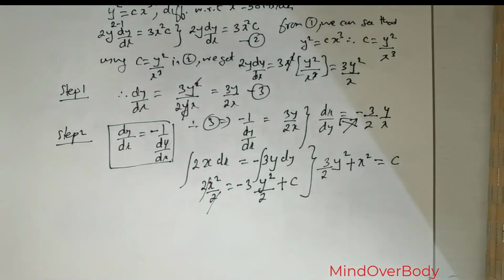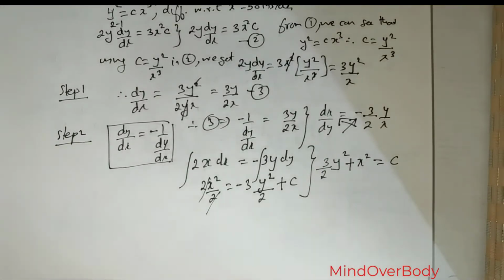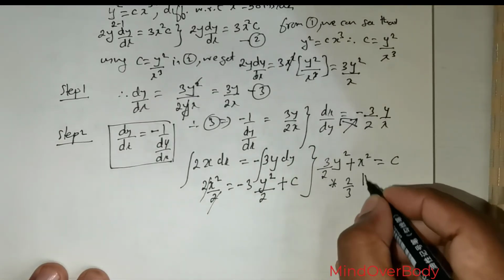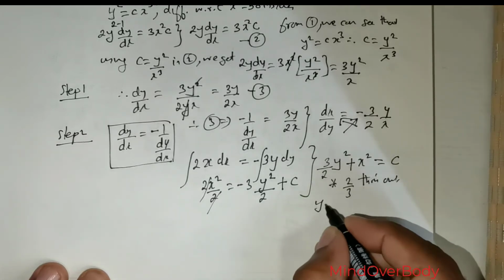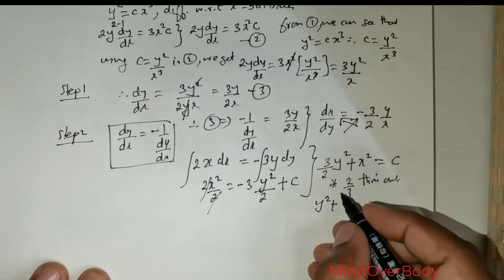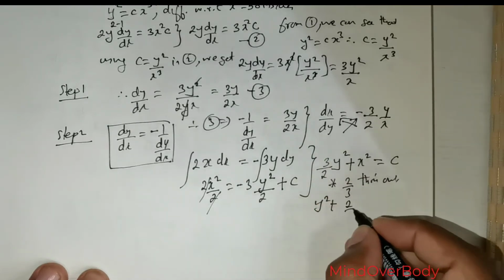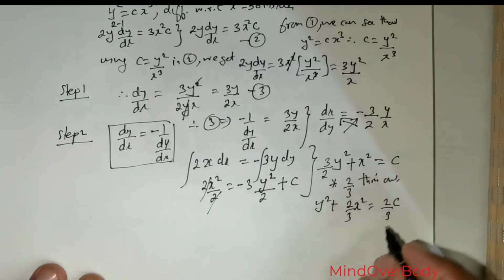Now if you don't want anything with y, then you will have to multiply every quantity by 2 over 3 throughout. If you were to do that, this is going to be y squared plus, the 2 and 3 get cancelled here, so this is going to be 2 over 3 times x squared is equal to 2 over 3 times c.